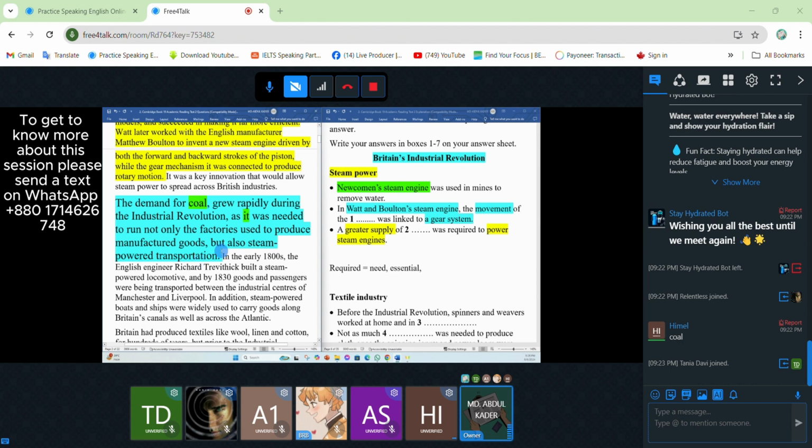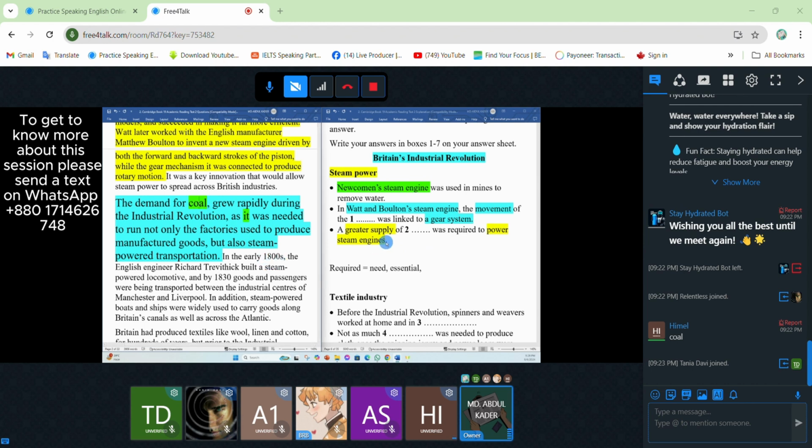So actually at that period, at that time, steam powered transportation without coal were not able to move, not able to start, or not able to begin. Therefore we needed coal, a greater supply of coal we needed to power steam engines. Therefore the correct answer is coal.